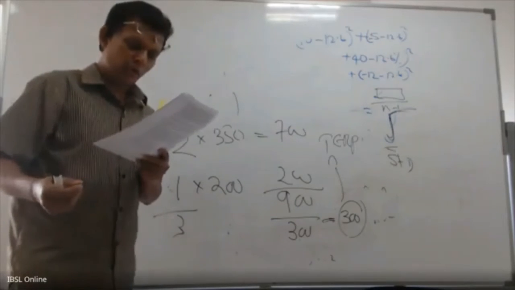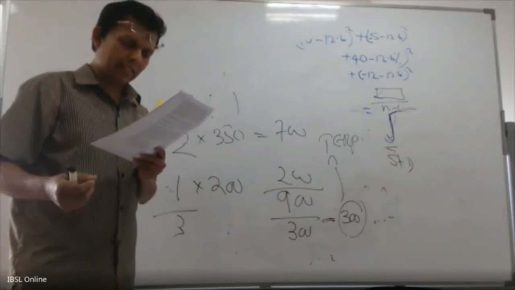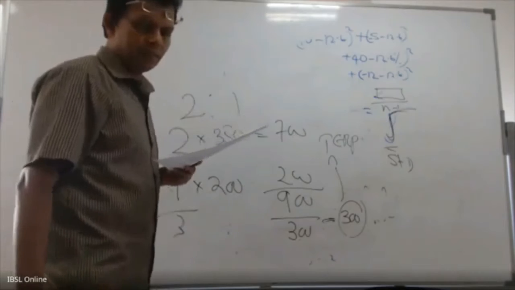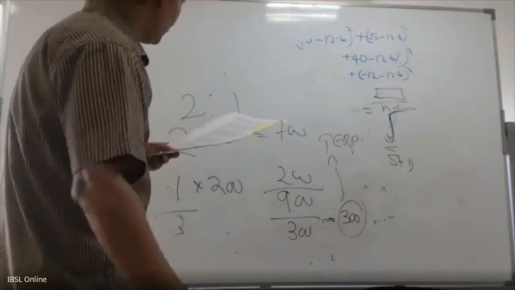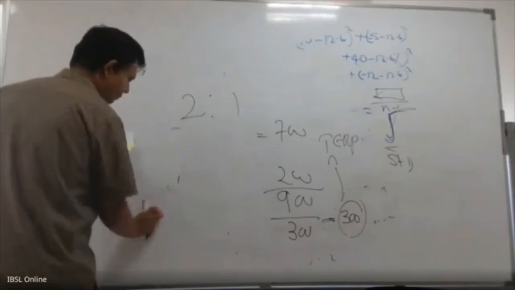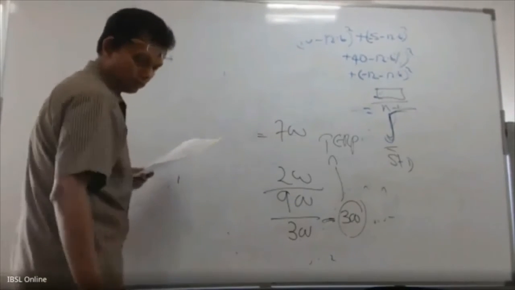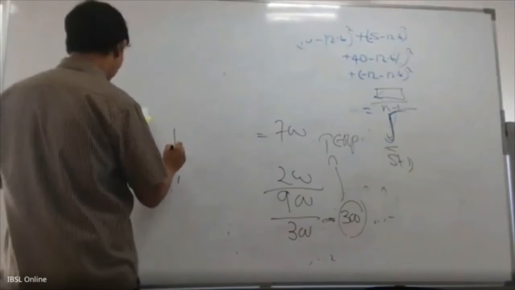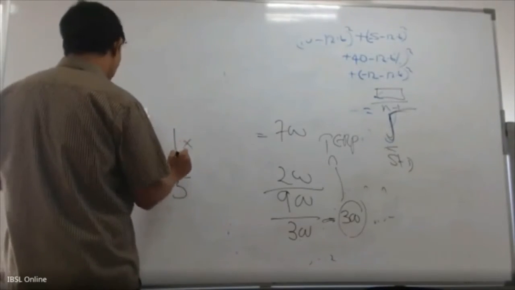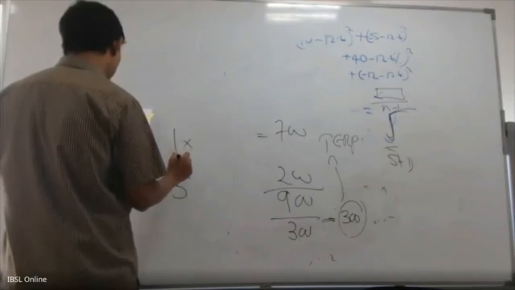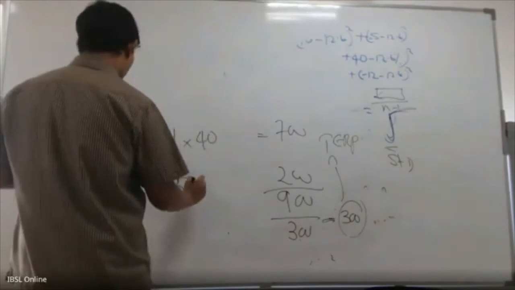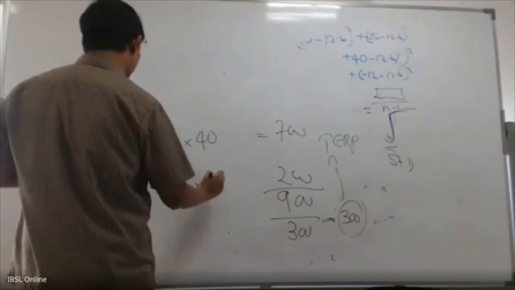The ratio is 1 right for every 5 shares. So 1 right for every 5. What is the rights price? Rights are issued at 40. Existing price is 50.